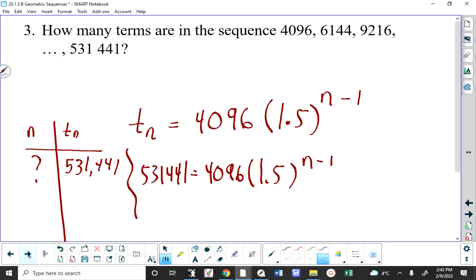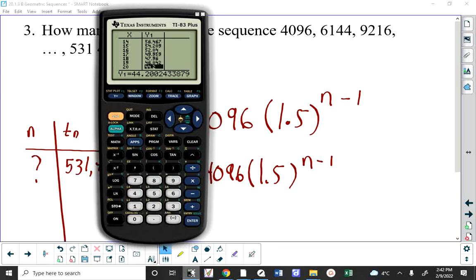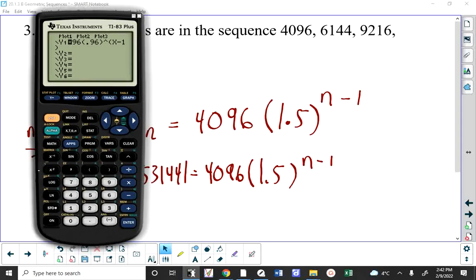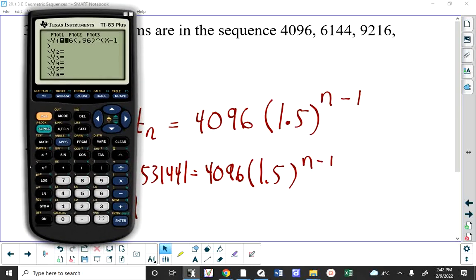So we put in the right-hand side of the equation for y1, and we go hunting around in our table to find out when we hit 531,441. Right there, 13.